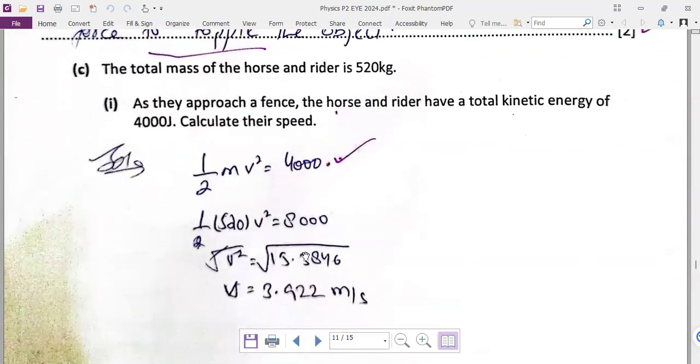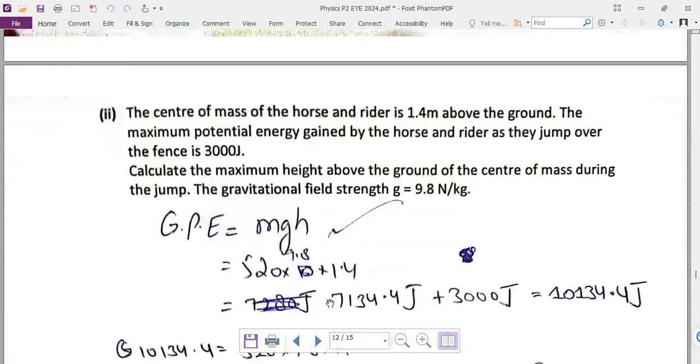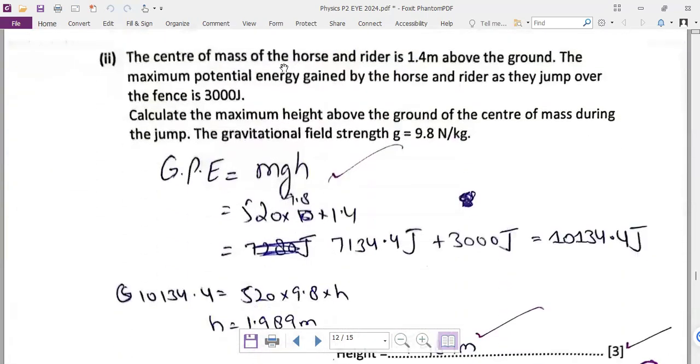Now it is asking about the kinetic energy, and you have to calculate the speed. So put the kinetic energy, put the value of the mass, and calculate all this. This will be the speed. Another question about the same thing. You're given the potential energy, gravitational energy, and you're asked about the height.